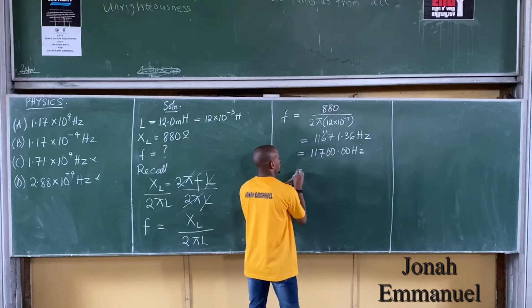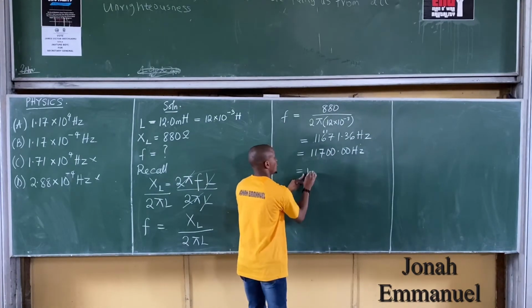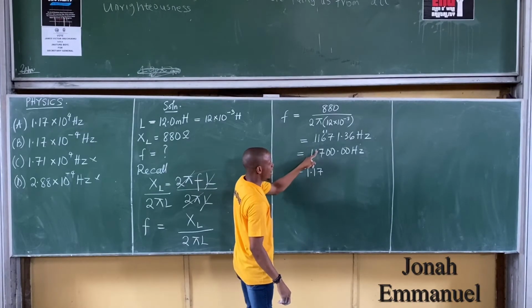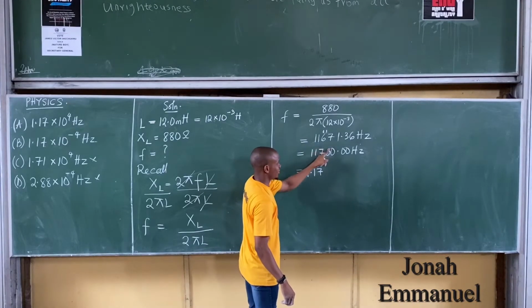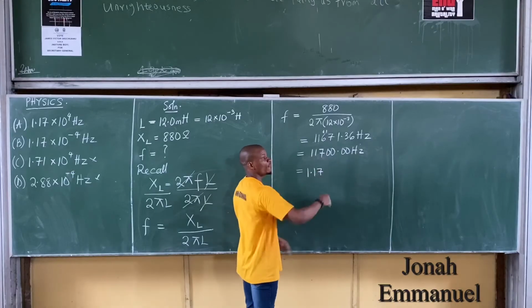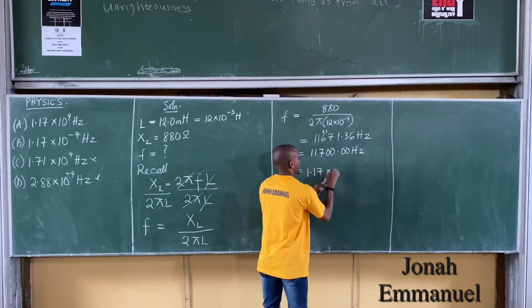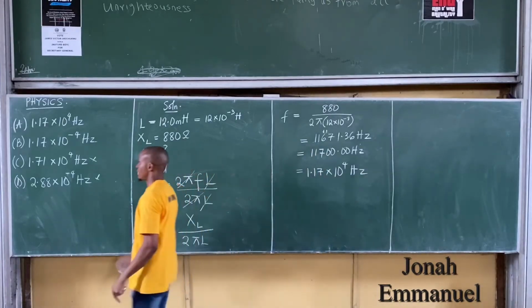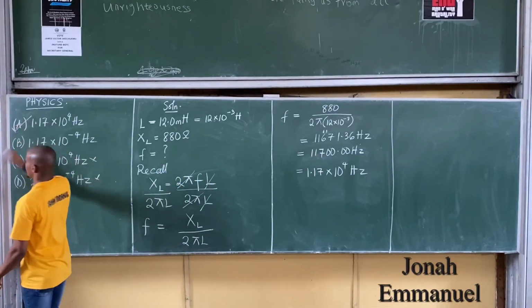In standard form this is 1.17, moving the point 4 places to the right, times 10 to the power 4 hertz. Hence, your answer is A.